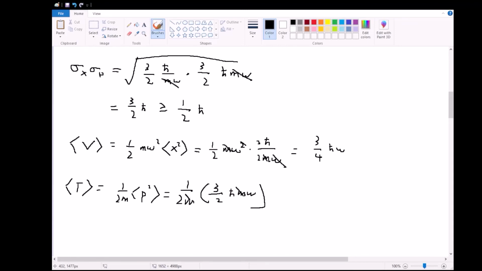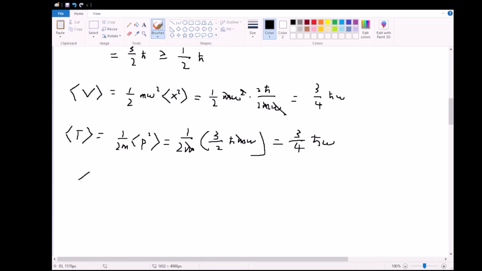The m's cancel, and we get 3/4 h bar omega. Adding the energies v and t gives us 6/4, also known as 3/2 h bar omega.